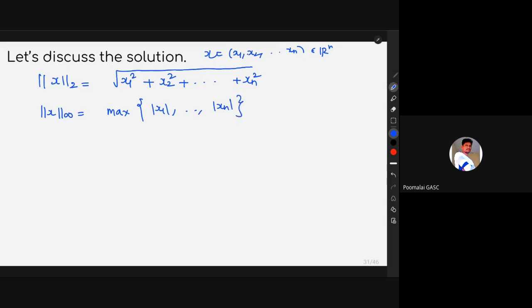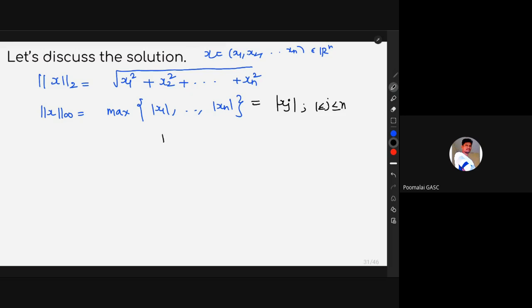Now you need to notice that whatever the maximum of these finite numbers is, it will be attained by one of the numbers. What do I mean by that? It will be equal to some modulus of xj, where j is between 1 and n.